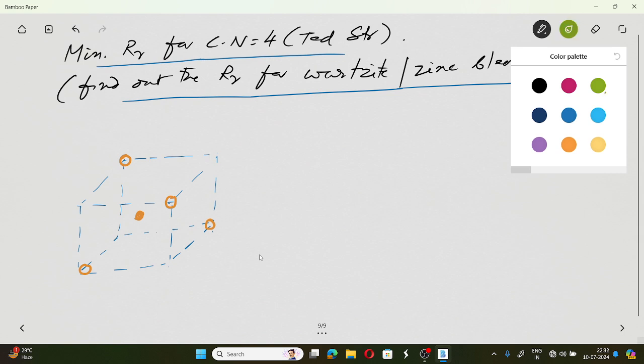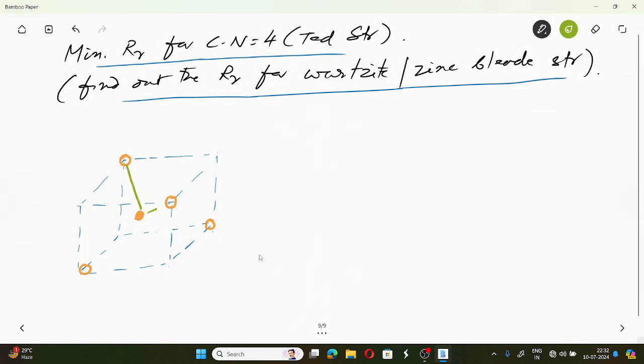Central ion is the cation, of course, here. So if you look carefully, see, this is a tetrahedral geometry, tetrahedral structure. Okay, so we need to find out the radius ratio for a tetrahedral geometry.